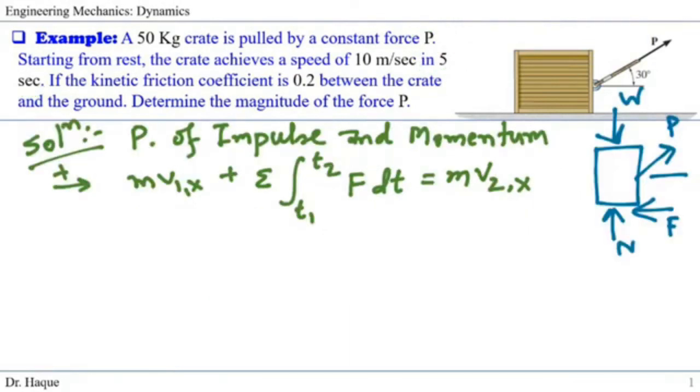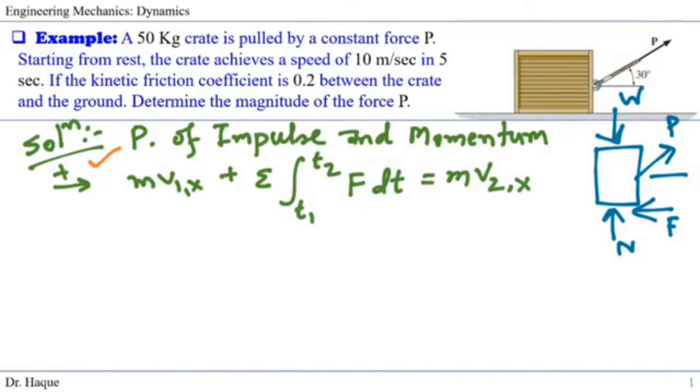So now let's apply the principle of impulse and momentum to our problem. We can apply this principle in the x or y direction. We can start with the x direction because our body is moving in the x direction, towards the right.